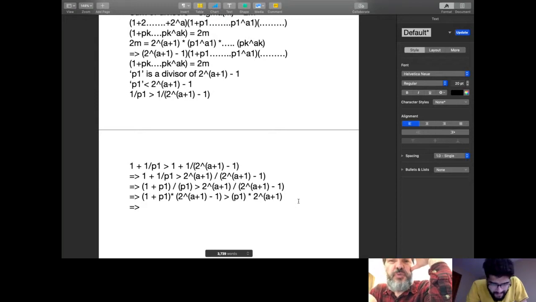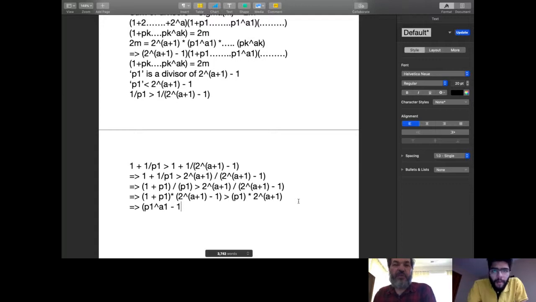Let's open parentheses and write P1 to the A1 minus 1 in the exponent, minus 1. No, just as is, A1 minus 1 is the exponent. Let's put in parentheses, plus P1 to the A1.